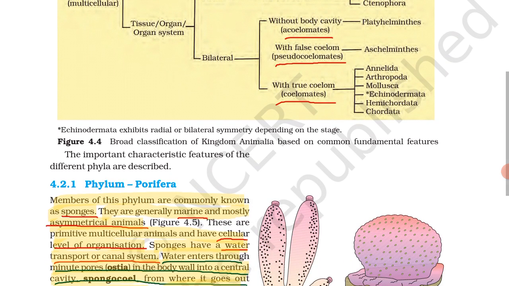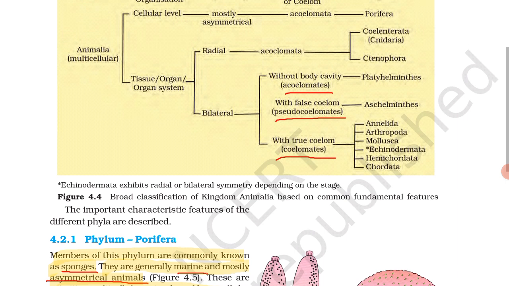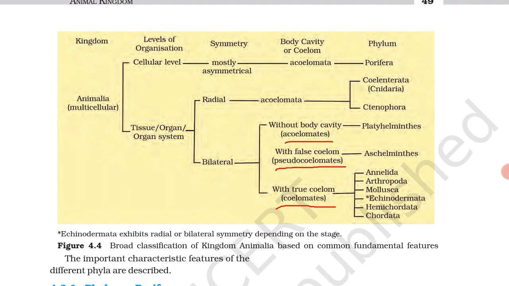Example of pseudocoelomate with bilateral symmetry, the answer is Aschelminthes. Or they may ask for an example of acoelomata with radial symmetry, the example is Ctenophora. Or an example of acoelomata with asymmetrical symmetry, the example is Porifera.